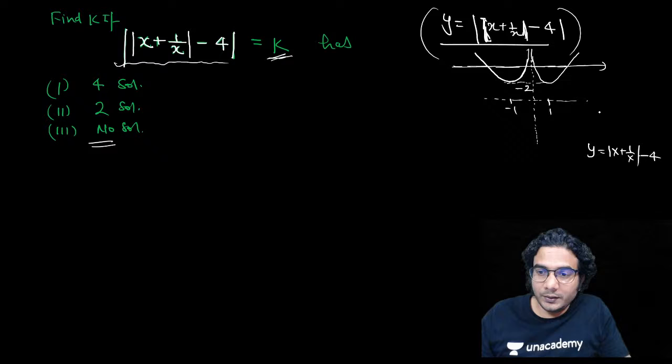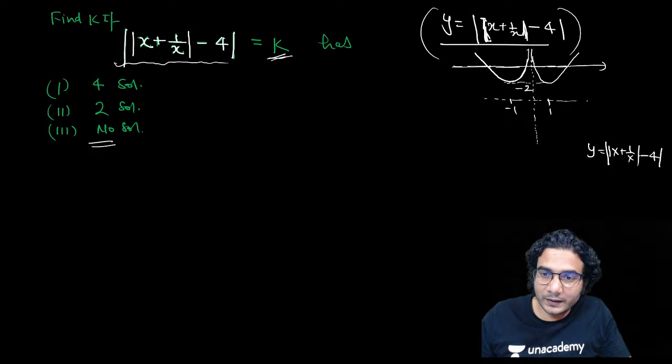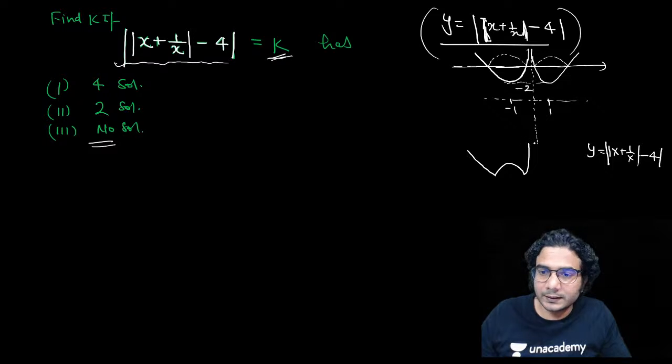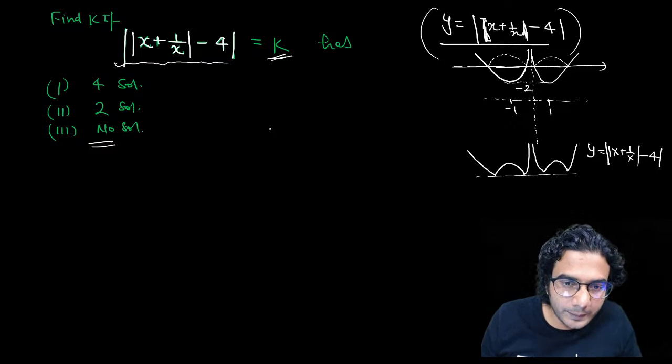Then finally you need to put one more mod. So finally this part will come up, this part will come up, this part will come up. So the final graph will look like this. This, then this, then this. Similarly this side, right? As x-axis. Okay, so now let's draw the bigger picture.